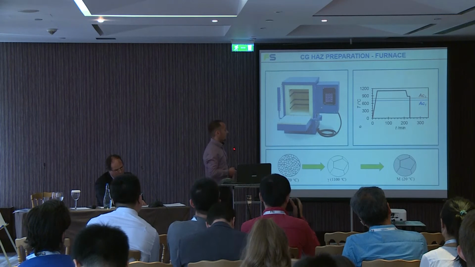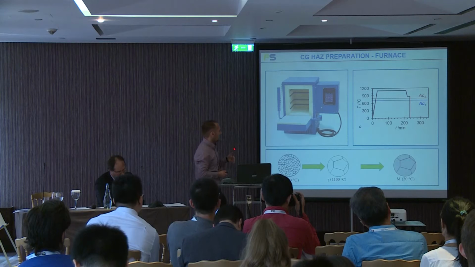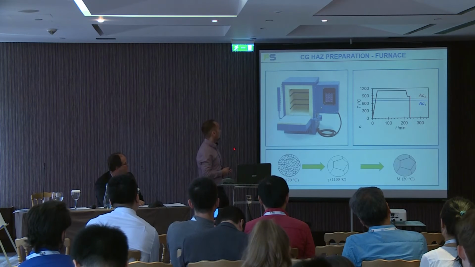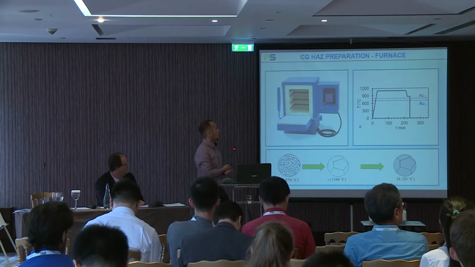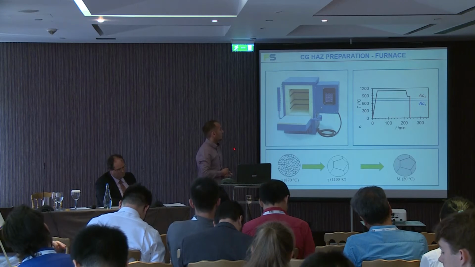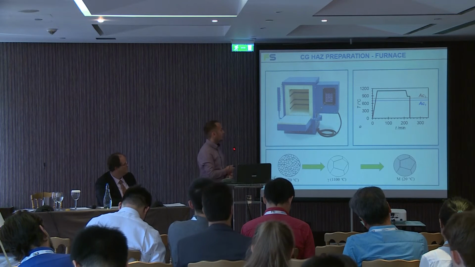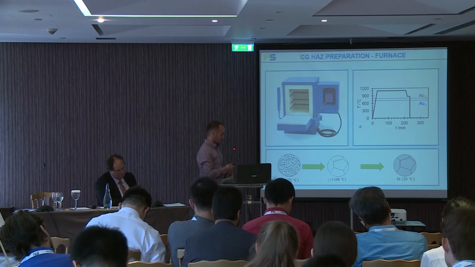This thermal cycle makes the coarse grain heat affected zone of the material. Another possibility to create a coarse grain heat affected zone in a wider zone is a laboratory furnace. Here is also shown the thermal cycle which we used.